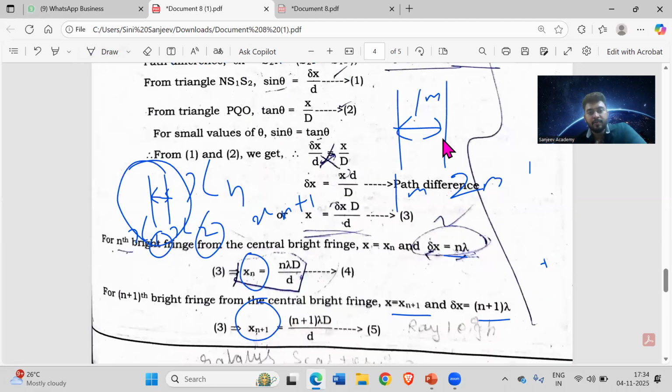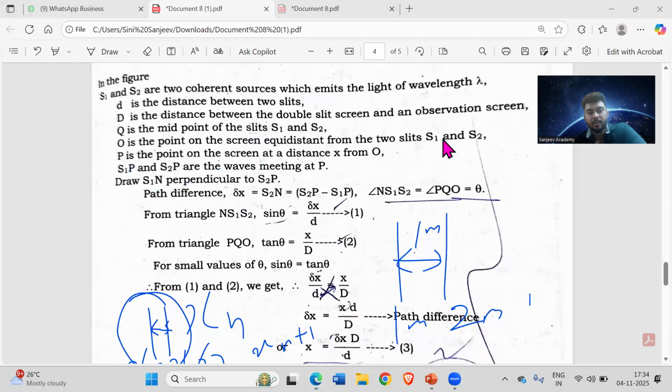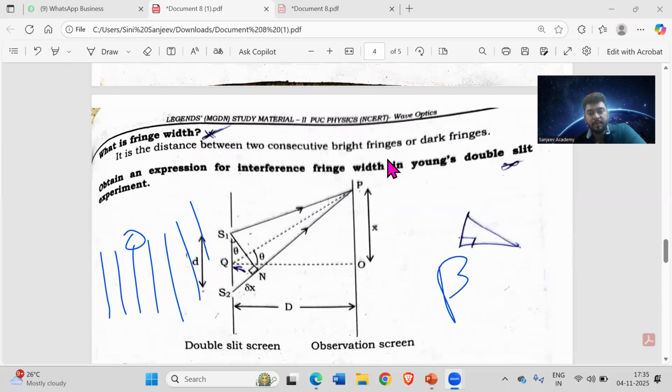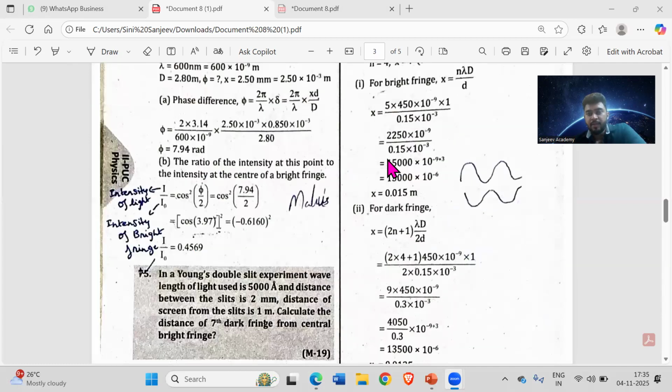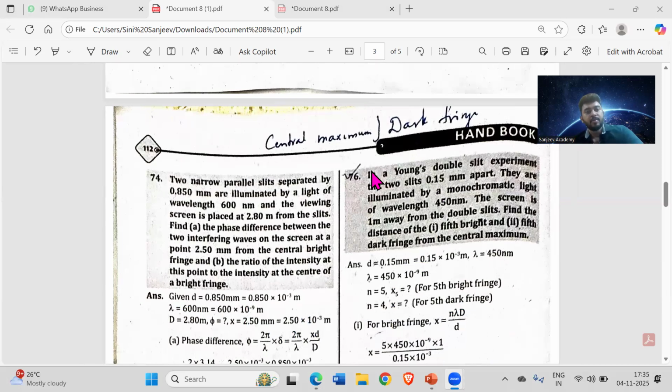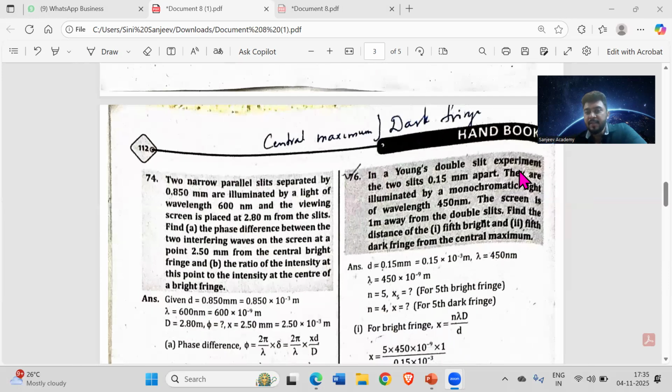Again, if you didn't understand this, I'll come down and I'll explain. Now coming to the important numericals. So numericals, you have to give more importance. The last question: in a Young's double slit experiment, two slits 0.15 millimeter apart are illuminated by monochromatic light of wavelength 450 nanometer.